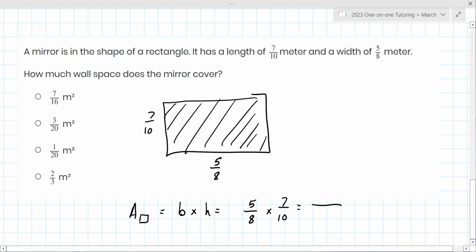Okay, so the bottom is 80, and then the top is 35. And we're going to divide each of these by a number. Now, does 2 go into both of these?